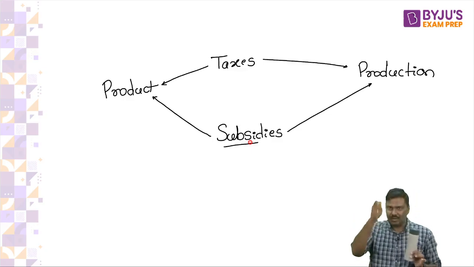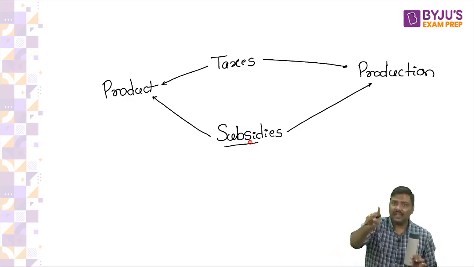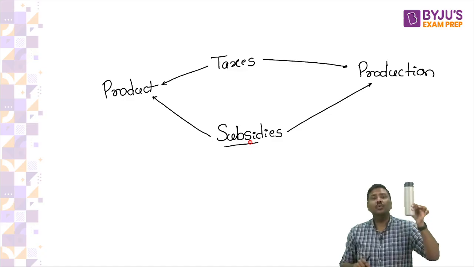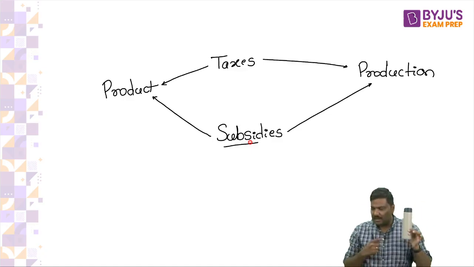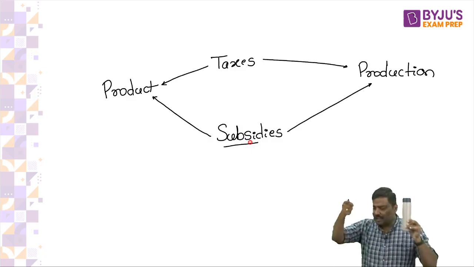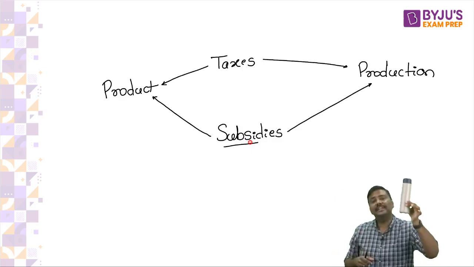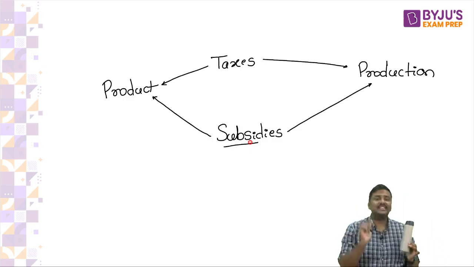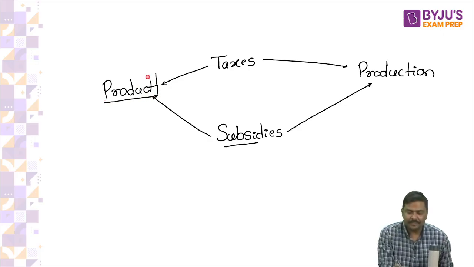A simple question to you. The amount of subsidy that you are receiving in this example, is it connected to the quantity, the volume of production or not? Yes. These are generally referred to as product subsidies.